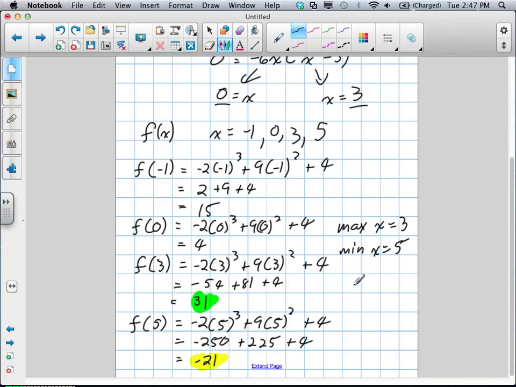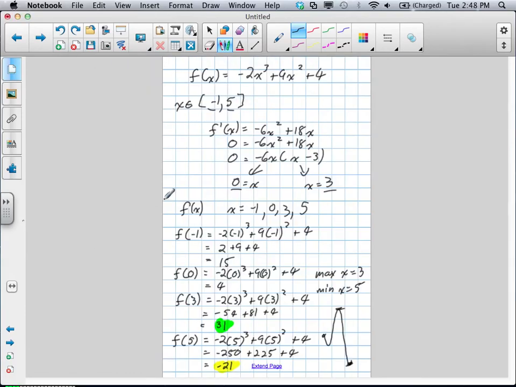So we probably have something shaped like this: we start, we go down, we come up, and then we go down, where this is our maximum and this is our minimum. Maybe something like that in terms of a curve, if we're going to make sense of it. Okay, so that's example 1, finding max and min.